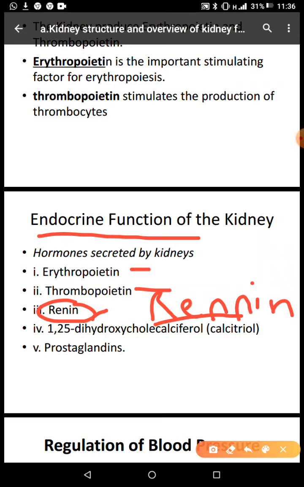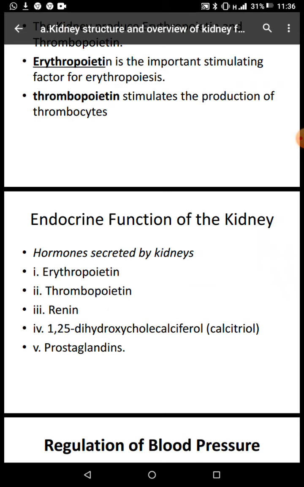There's also 1,25 dihydrocholecalciferol, also called calcitriol. This is also produced by the kidneys, specifically the proximal tubular cells. If you look at the nephron, it has parts. The proximal tubules produce 1,25 dihydrocholecalciferol.